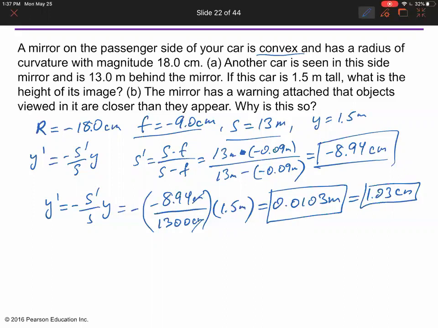Because the height of the image is much less than the height of the car, and when you see something that is smaller, it appears to be further away than it actually is. So that warning is there to let people know that the car is closer than it appears. All right.